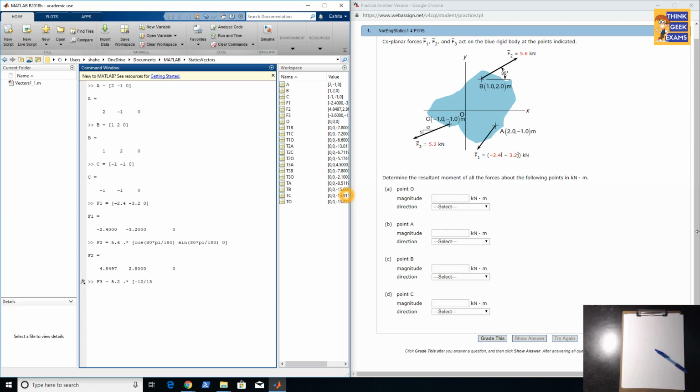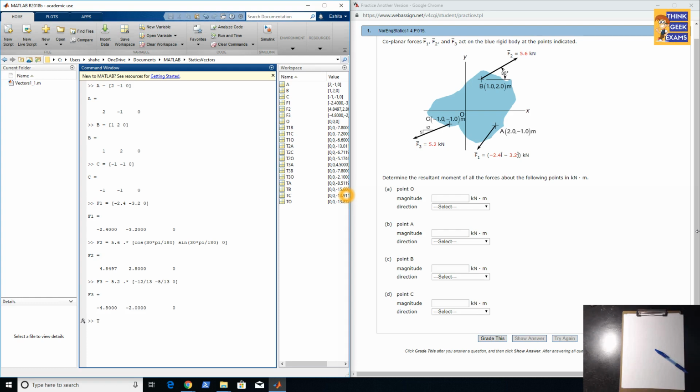It's -12 on the x-axis and -5 on the y-axis. The hypotenuse is 13, so that gives us our unit vector, and it's 0 in the z direction. And those are our force vectors.